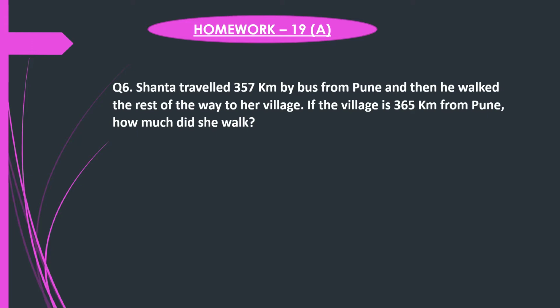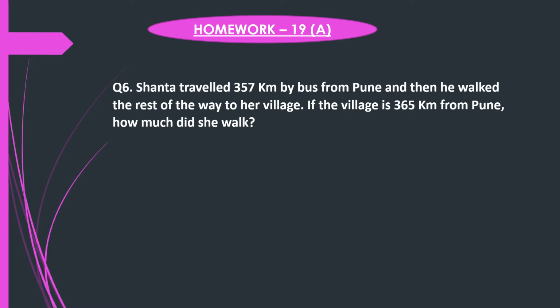What does the question mean, children? That Shanta travelled from Pune to her village, but from Pune she travelled 357 kilometers by bus. This much of distance she travelled by bus, and the rest of the distance she travelled by walking. Now total distance from Pune to her village is 365.